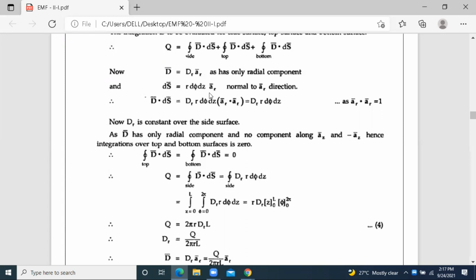Now, this is your dS, this is your D. D dot dS is this dot this. So a_r dot a_r gives you 1. So you're left with D_r r dφ dz. Follow me?